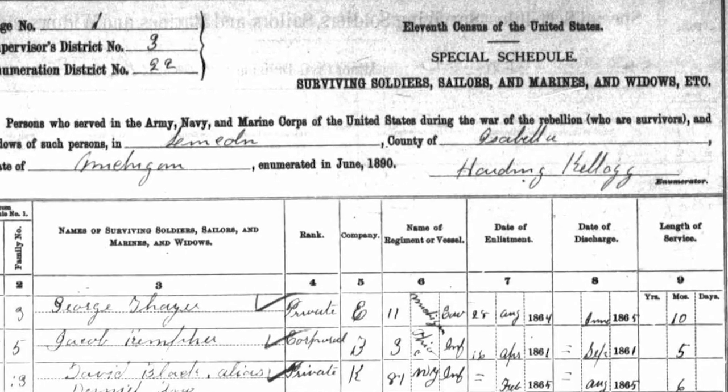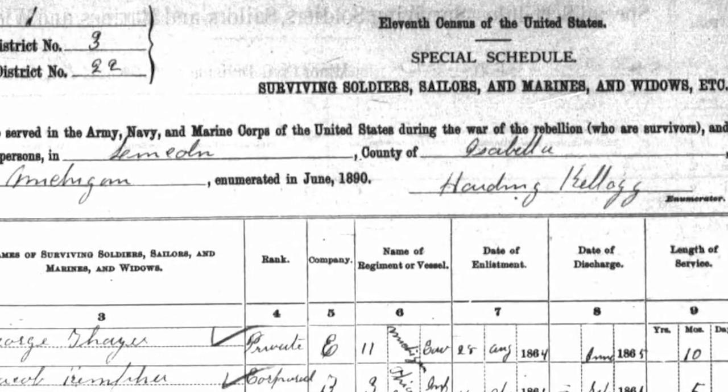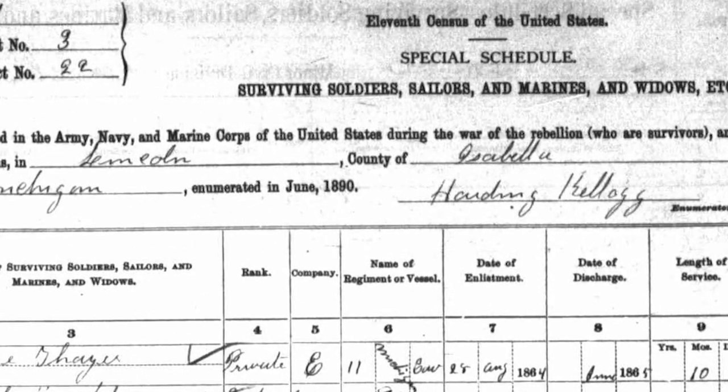Finally, another really great resource to look into is the 1890 Veterans Census Schedule. Remember, the 1890 census burned with the exception of about 6,000 names, but the 1890 Veterans Schedule survived.